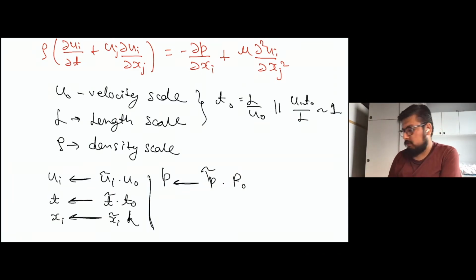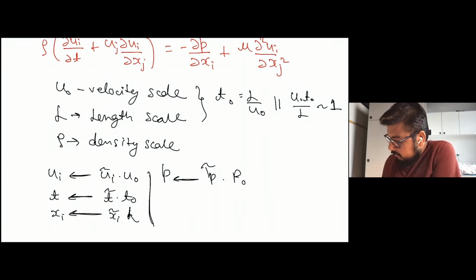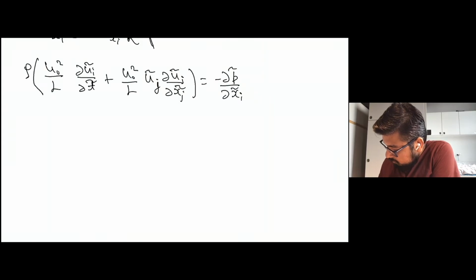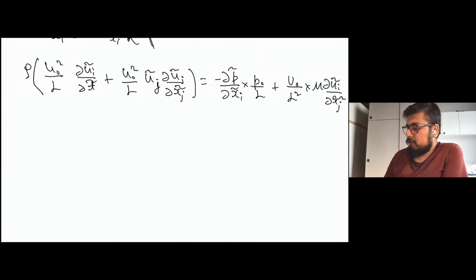I will talk about this P naught in a minute. Once we do this, what we get is, of course, you should verify that at every step of the calculation, the equation is dimensionally consistent, which you can already see from this equation as well.